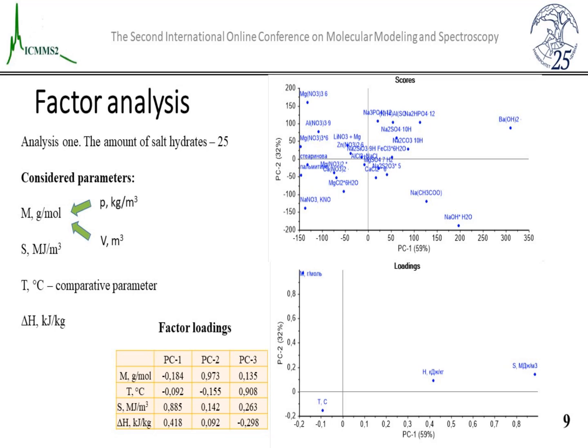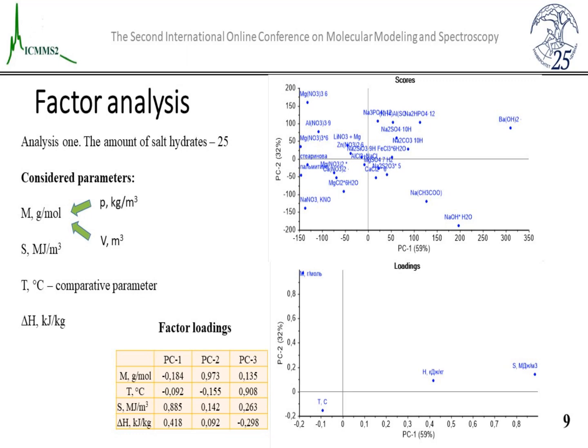It is assumed that molecular weight directly affects density and volume, so its significance correlates with that of density. The graph of scores shows that the most promising are the crystalline hydrates magnesium nitrate hexahydrate, sodium carbonate decahydrate, sodium acetate trihydrate, and barium hydroxide.